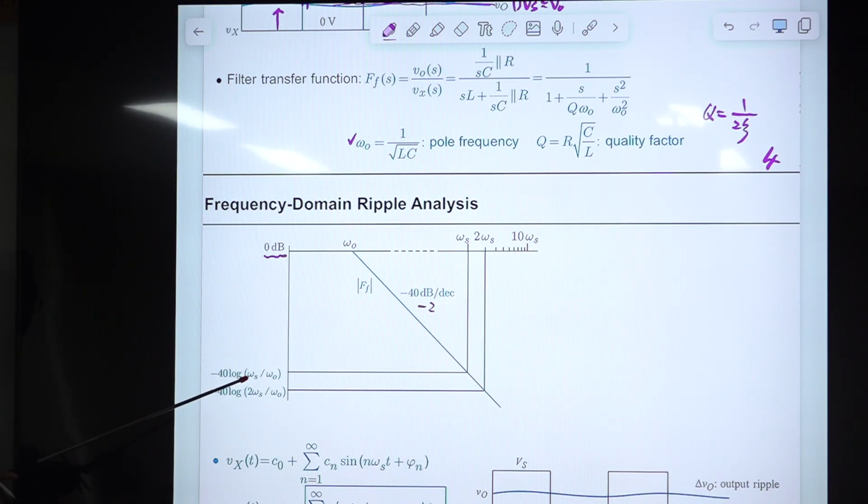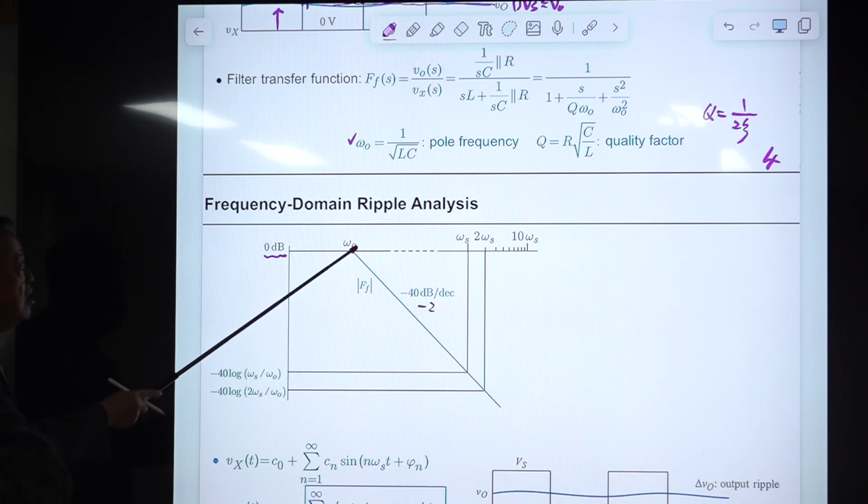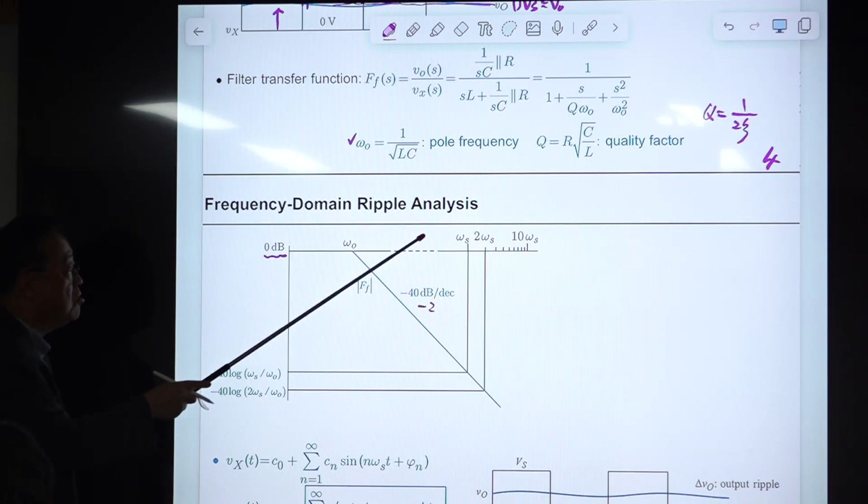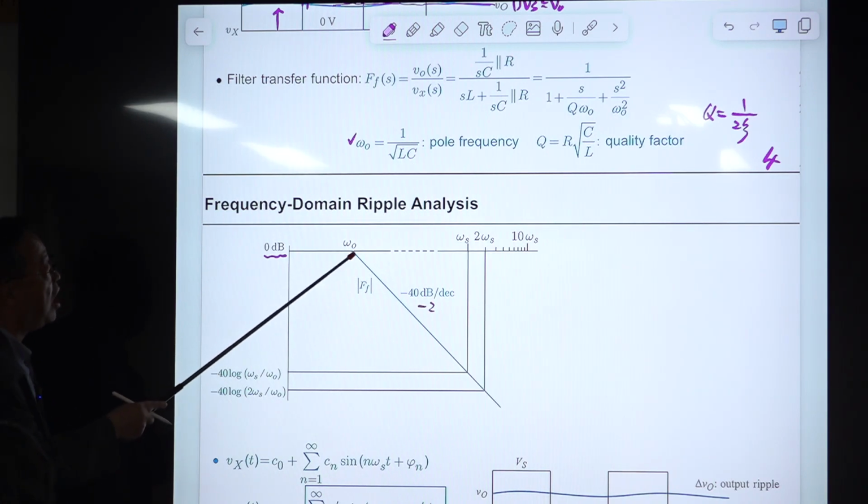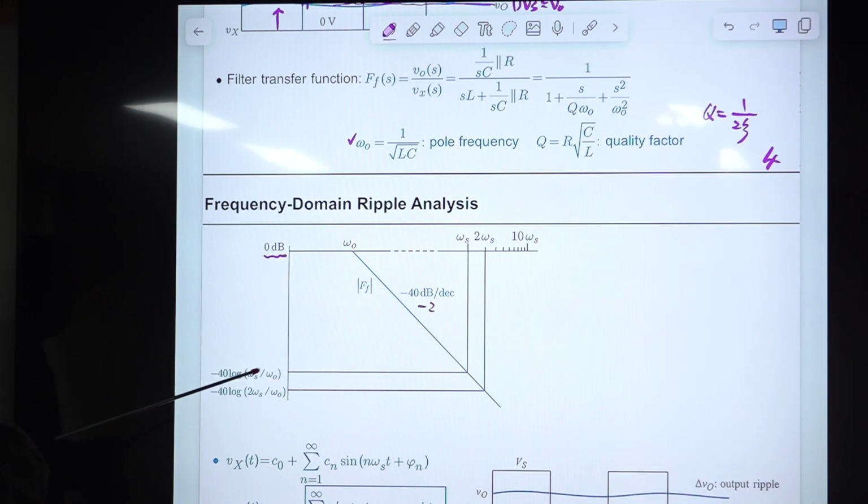This is the ratio of the switching frequency to the resonant frequency. Maybe the switching frequency is 10 times this resonant frequency. Then this attenuation will be minus 40 dB, which is an attenuation of 100 times.